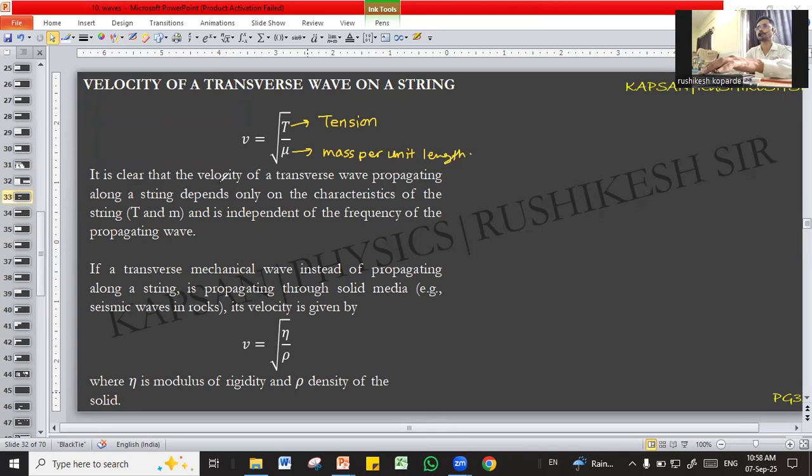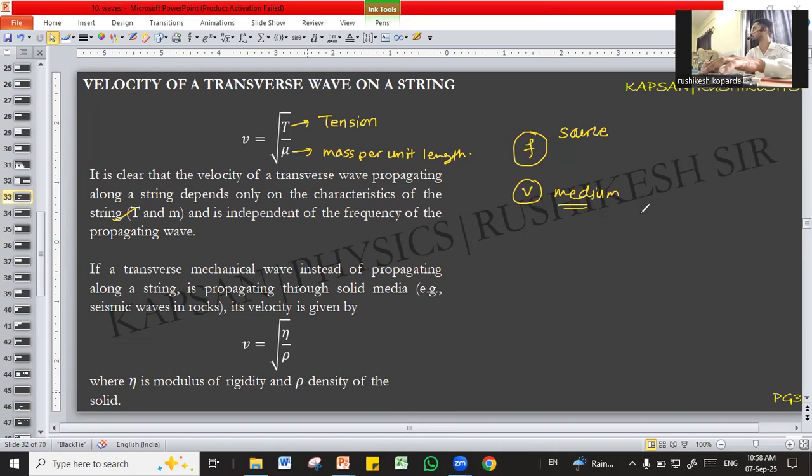It is clear that the velocity of the transverse wave propagating along the string depends only on the characteristics of the string. Yes, we know the frequency of the wave is decided by the source, but speed is decided by the medium.